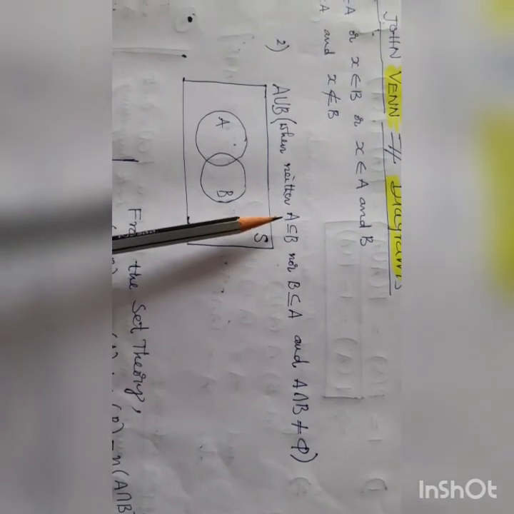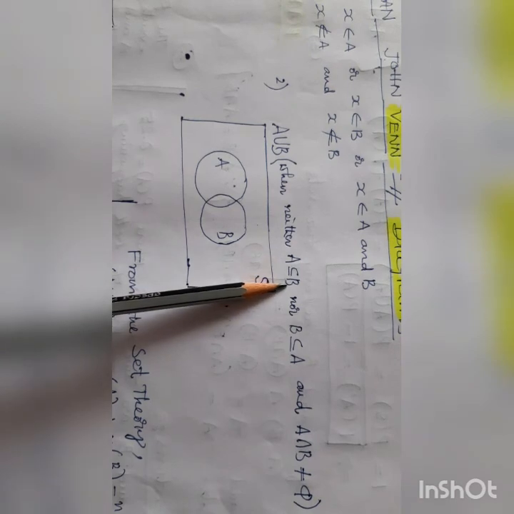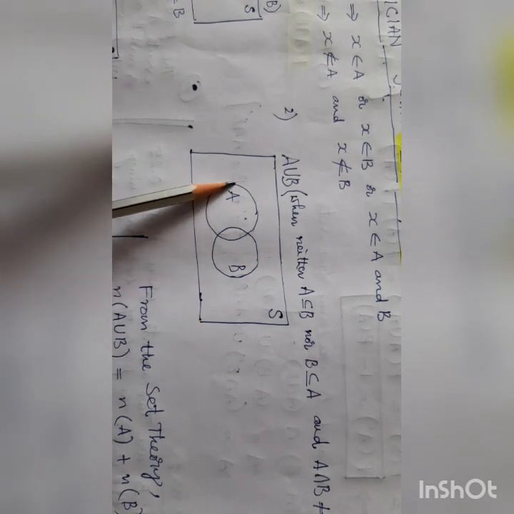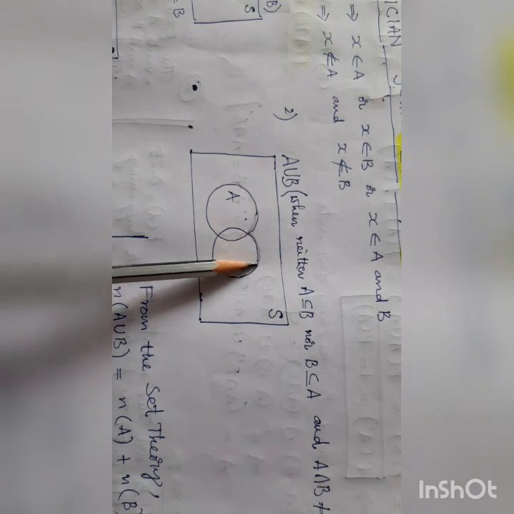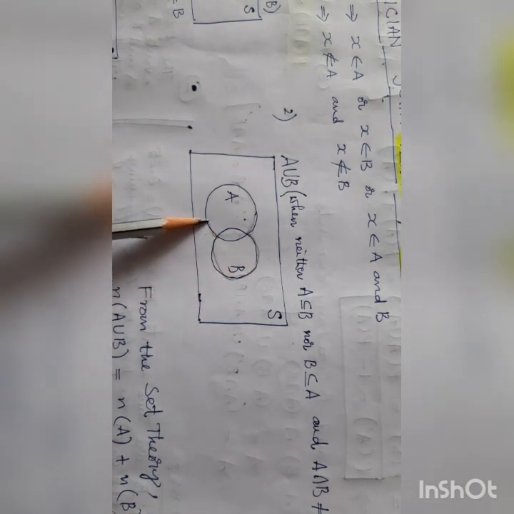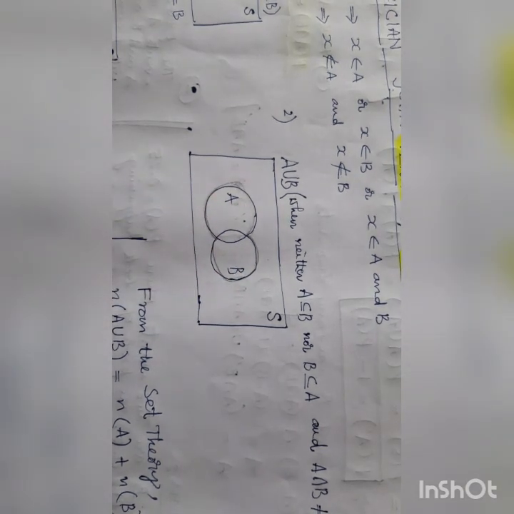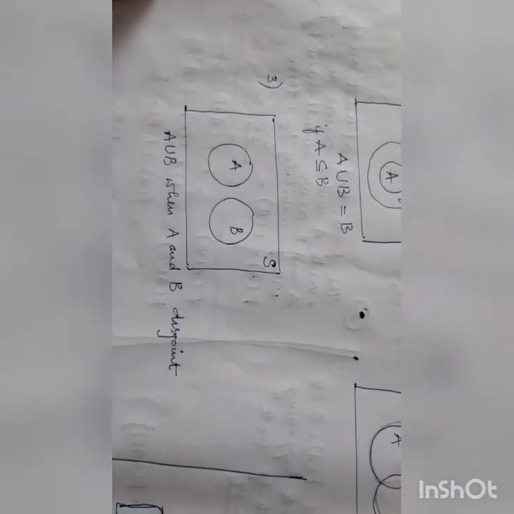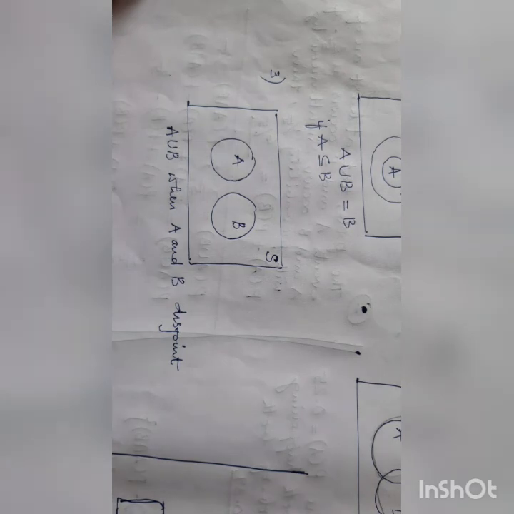In this case, the John Venn diagram will be like this. This is A union B. In a third way also, we can explain A union B.